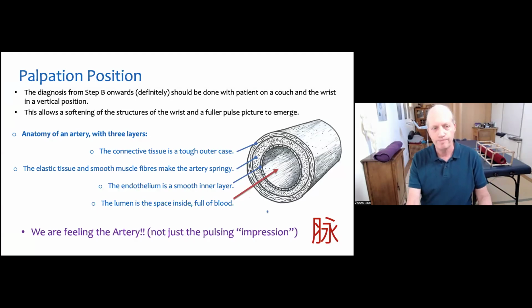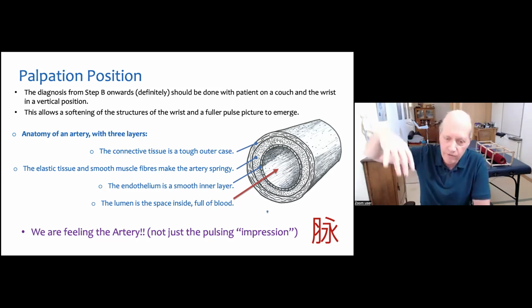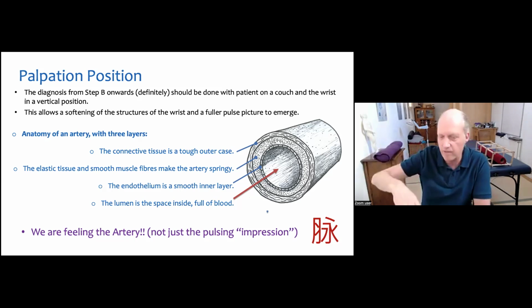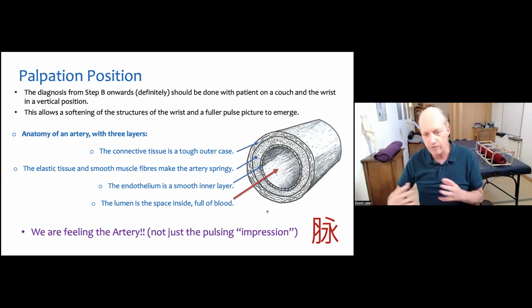So we talked about this in the first webinar, but just to remind you that this now really is important, that we are feeling the artery. So in step A, even though the artery is there, and I mentioned this earlier, I don't really mind if you want to just have your fingers coming in from above and just being in the pulse space and just having a sense of what's there, if it's full, if it's strong.